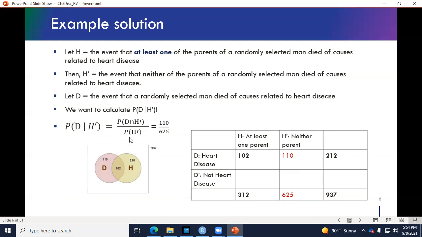So we just need to find the probability of H prime, which you get by another subtraction, subtracting this from this. You just take these two cells and you get the conditional probability. So these are the very detailed steps: when you read a statement, how you make it into a probability table and find the probability you want to calculate.